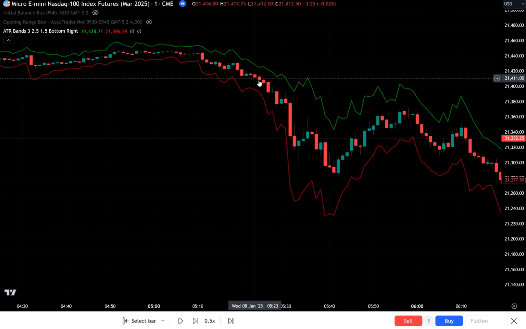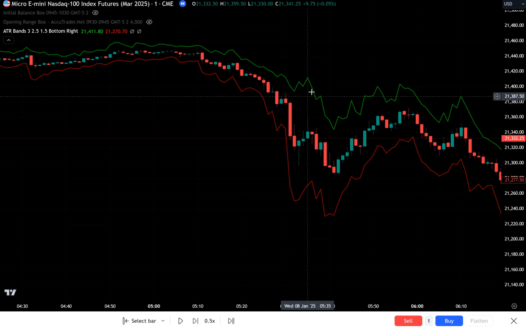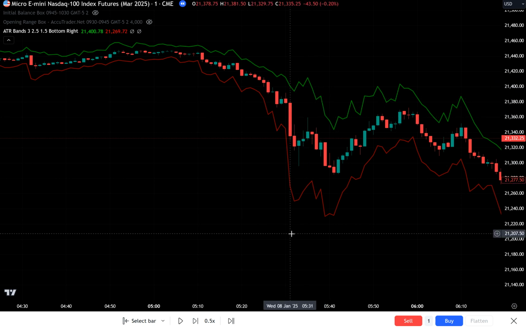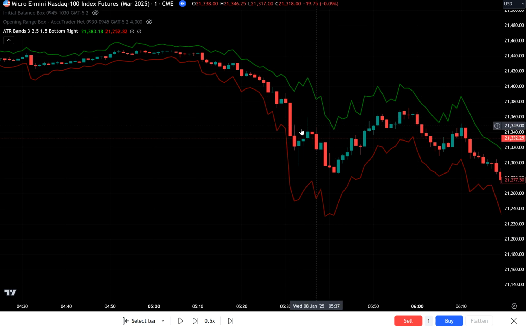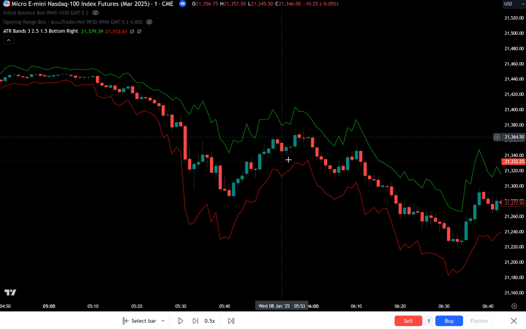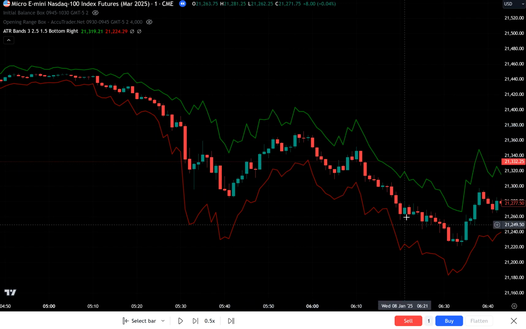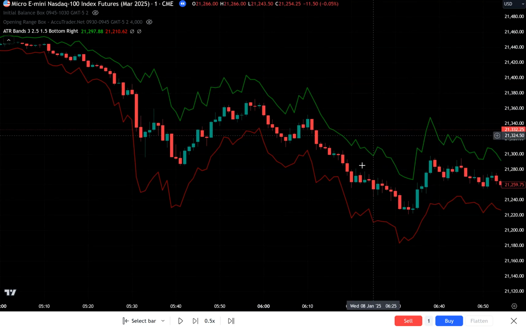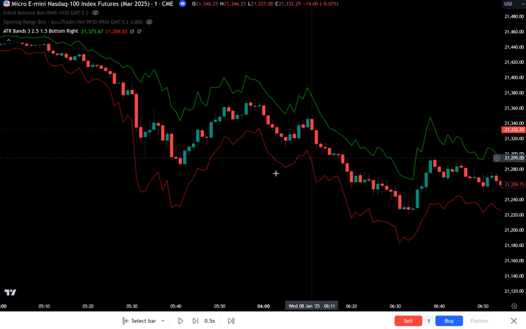So we're starting to come in 5:30 Central Time, and look what happens, how these bands start to expand as the size of the candles and wicks start getting bigger. Now you can see, now we're starting to get some movement where maybe scalping could make some sense.